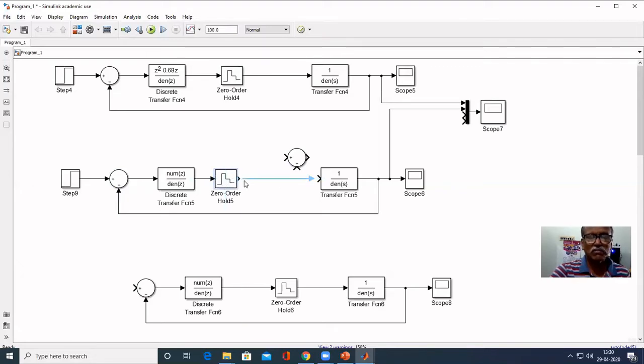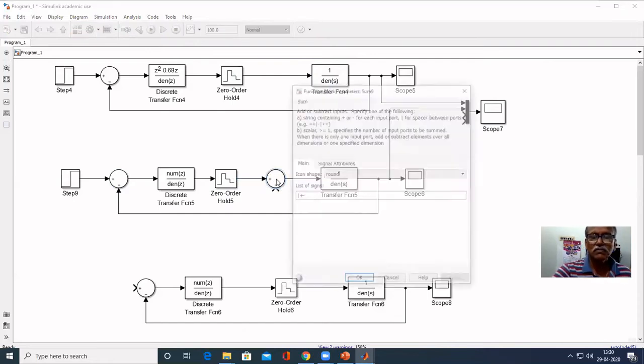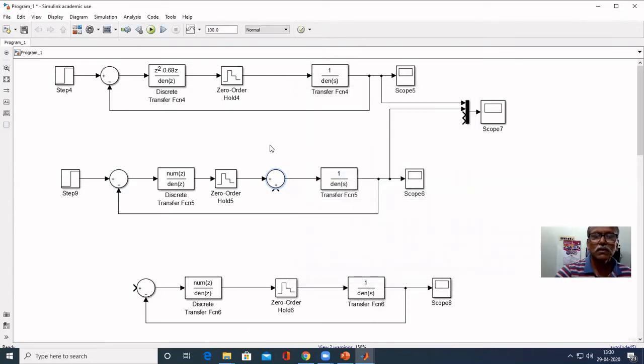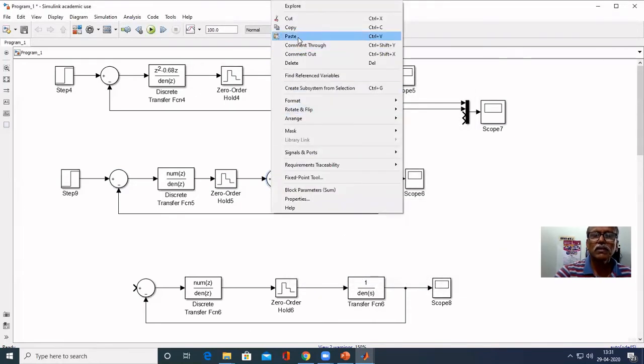Anywhere you can give, but let us give disturbance here. Step disturbance is given here. Let us give positive disturbance. And the same can be copied here.